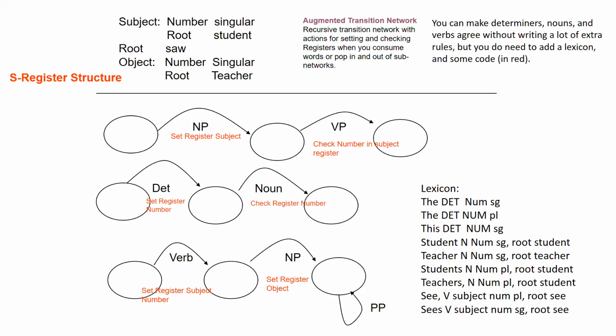Any questions about that? In modern grammar formalisms, it's called a feature structure. Is it just a key value store? It's that number appears in more than one place. Does a key value store allow you to do that? So you have like the subject.